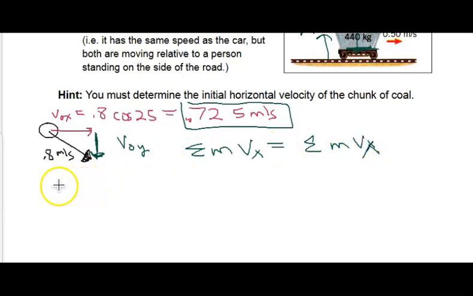Okay, so we have a piece of coal with a horizontal speed. We have a, whatever they call this, a car, times its own speed. Technically, these should have subscripts, and actually this is initial, lots and lots of subscripts.